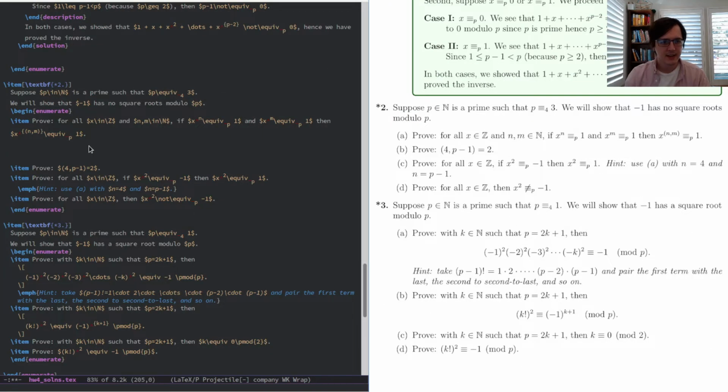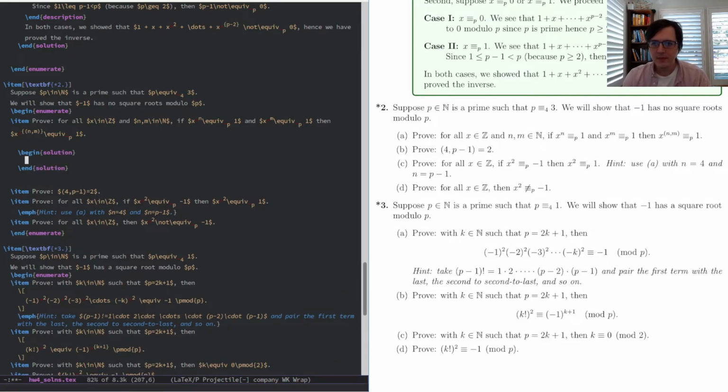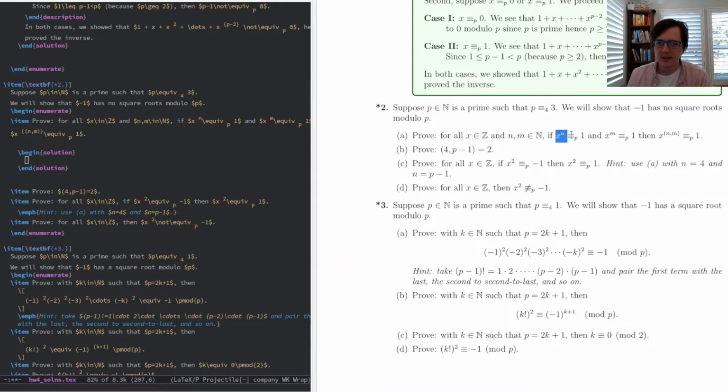Okay, so for all x and n and m, if both of these are exponents for which we get 1 modulo p, then we could have instead taken it to the GCD.